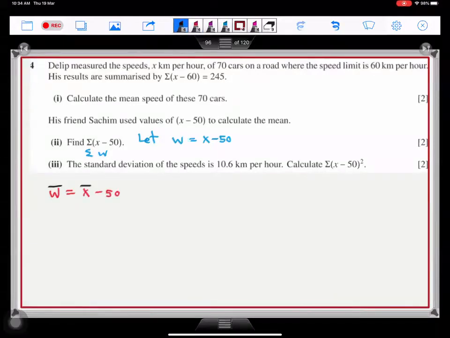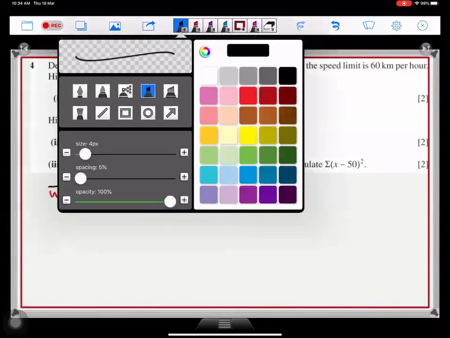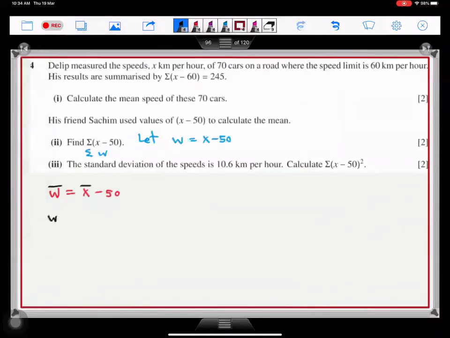W bar is equals to x bar minus 50. Do we have w bar? No. Do we have x bar? Yes. 63.5 minus 50, that comes out to be 13.5. That is the first part. That is the most obvious thing. That is what's in my hand, what I can calculate.